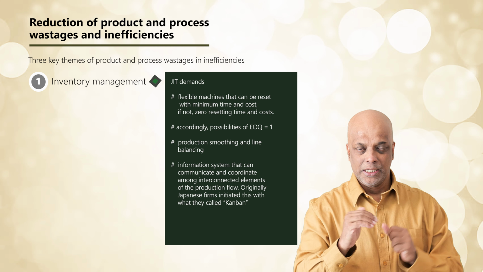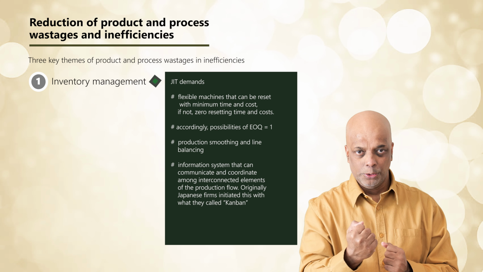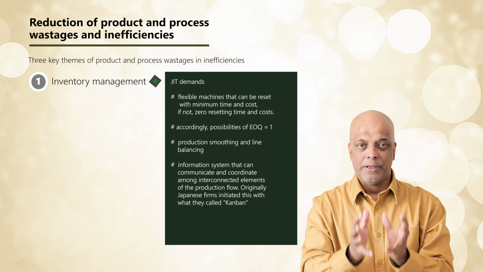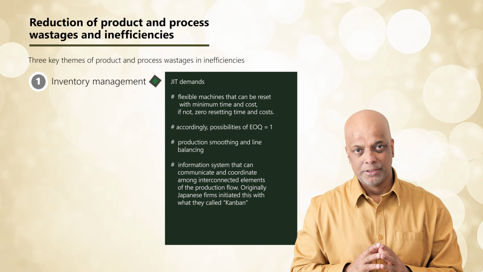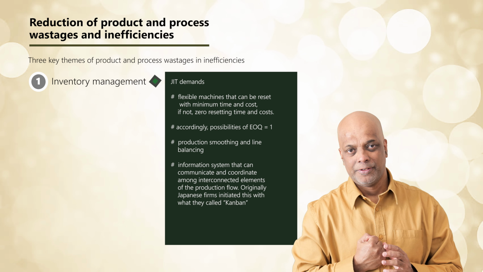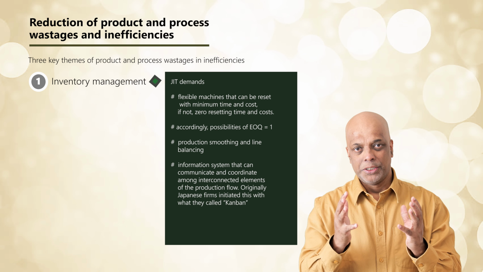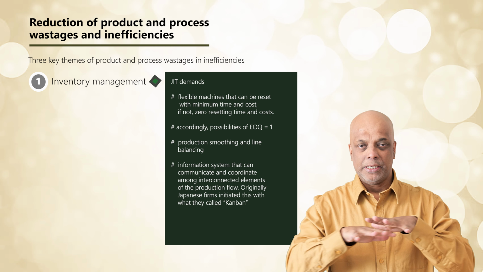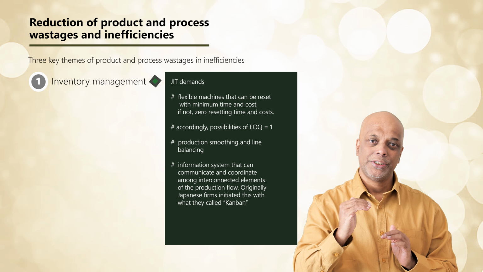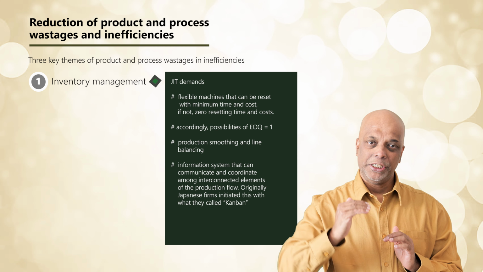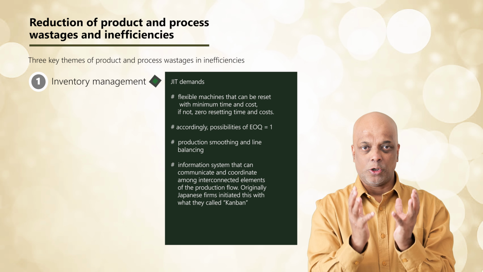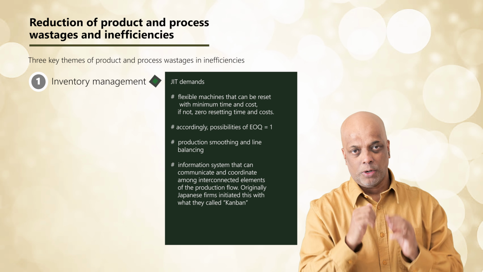That basically means we will order or produce a particular component or raw material or any item only when it is necessary, because the economic batch quantity is just 1. So in order to manage inventory as just-in-time inventory management, we need to reduce machine resetting time and cost so that we can reach the reorder quantity, economic order quantity or economic production quantity down to 1.